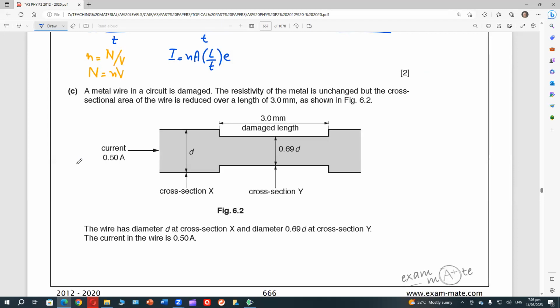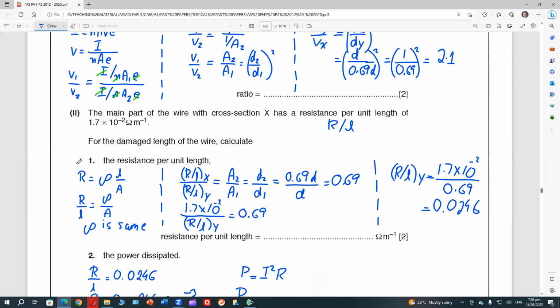We have the value for current, 0.50 ampere.